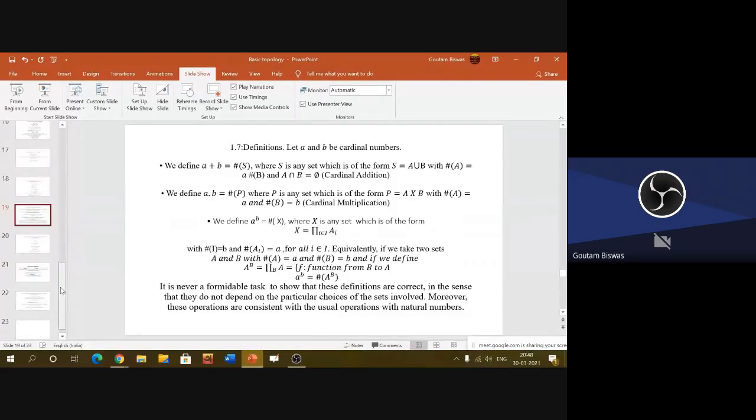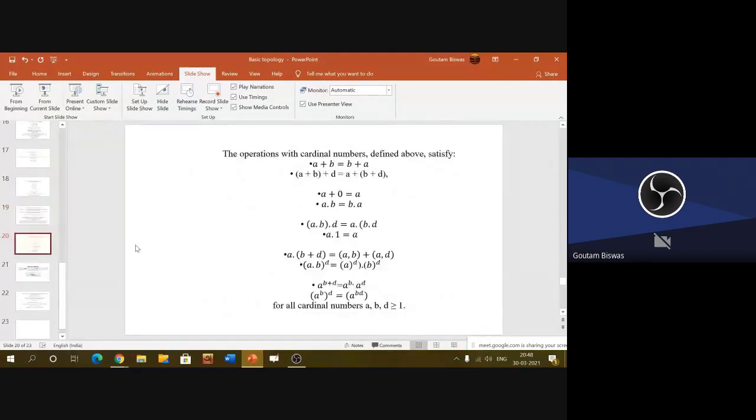I don't know in which form the question will come. It may come in set theoretic form, that is, quoting the sets. It may come as quoting the cardinal numbers. So remember this one, and remember these properties of the cardinal numbers.